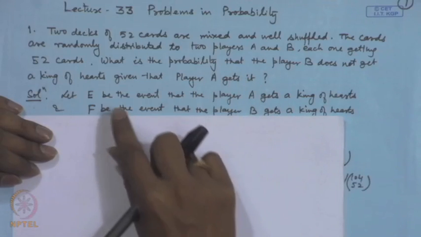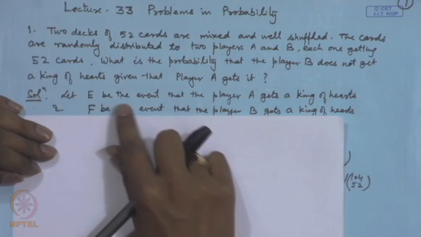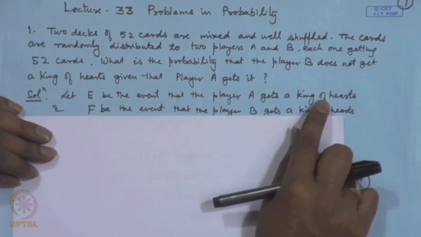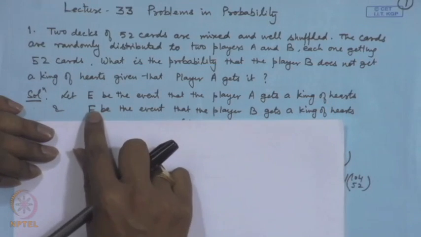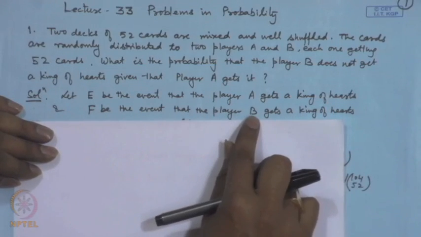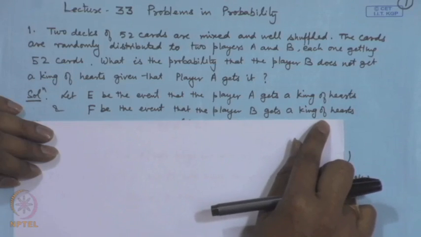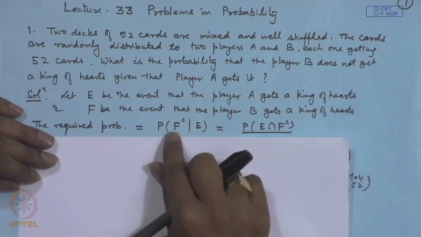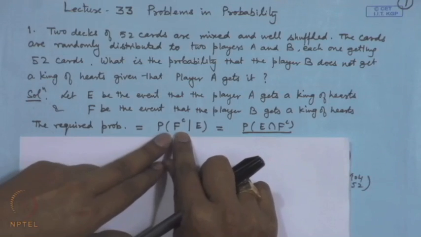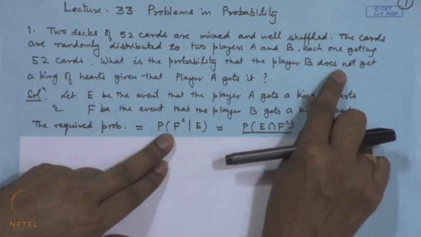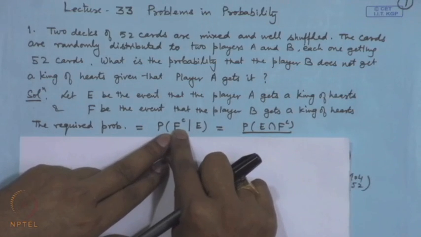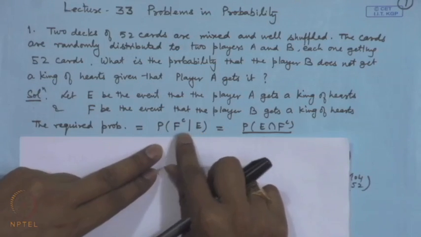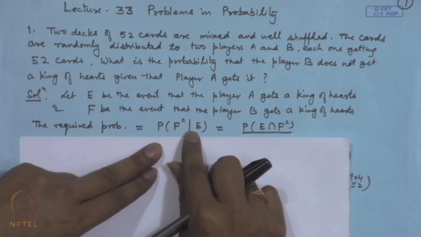We define the event E, that player A gets a king of hearts, and similarly the event F, that player B gets a king of hearts. What is the required probability? We want that player B does not get it. Now, does not get means F complement given E. So, this is the conditional probability that is required.